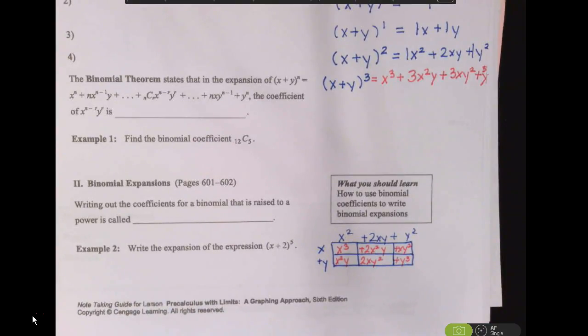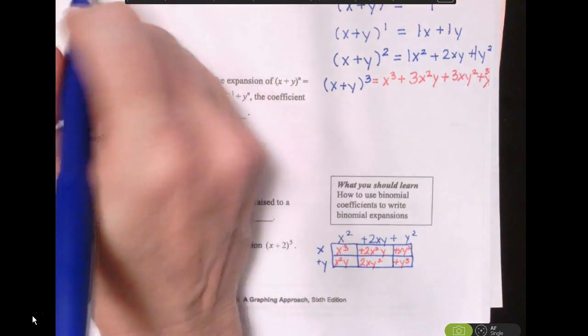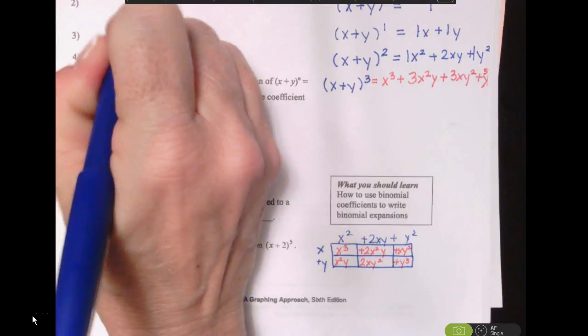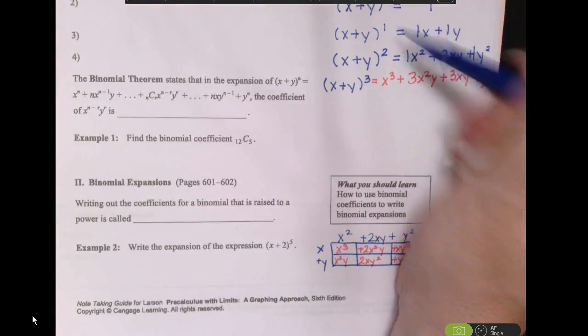Okay, so we're starting to get some patterns going. The first thing that I want to point out is that in each expansion, so this is, if we're looking at x plus y to the n, so here n was 0, n is 1, n is 2, n is 3.